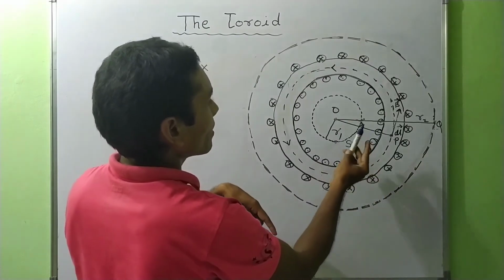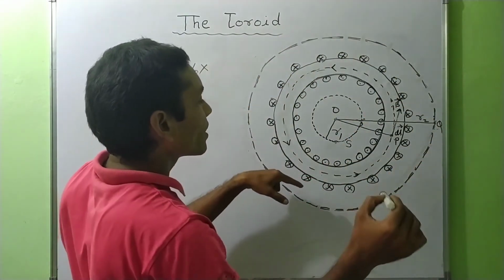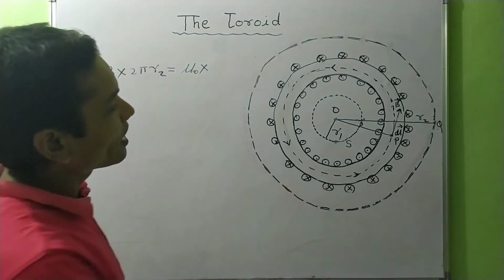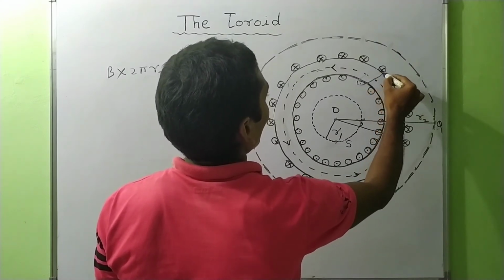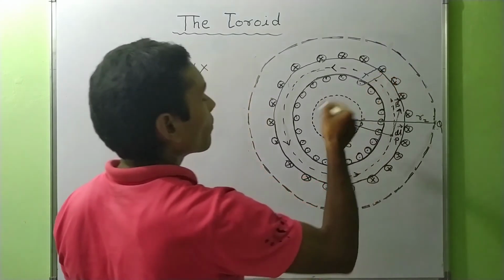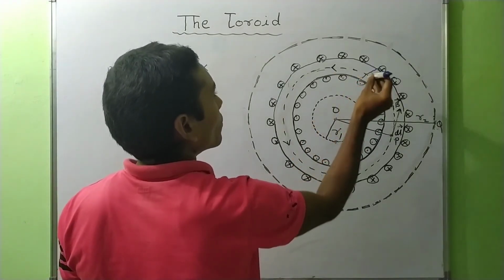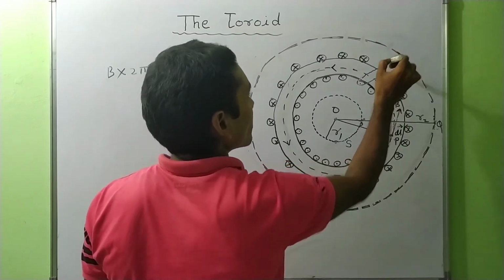These currents are coming out and these currents are going in. So what will be the total current? You know that for this circular loop of the copper wire wound over the toroid, the current is outward here and the current at that point is inward.